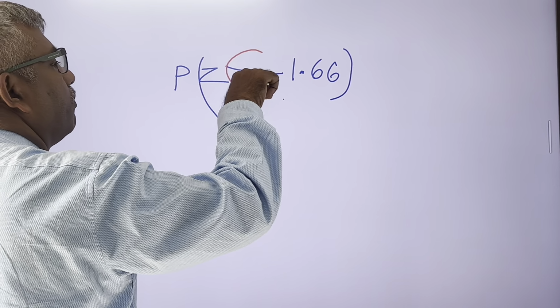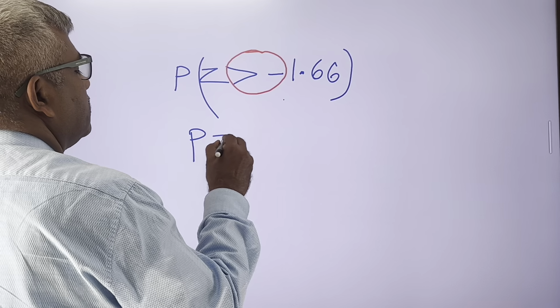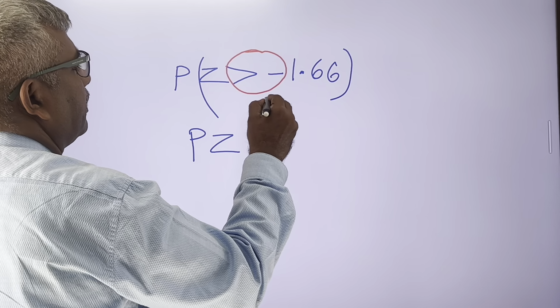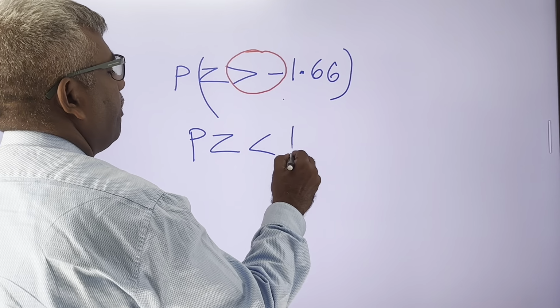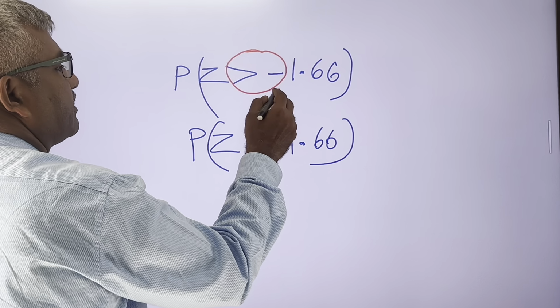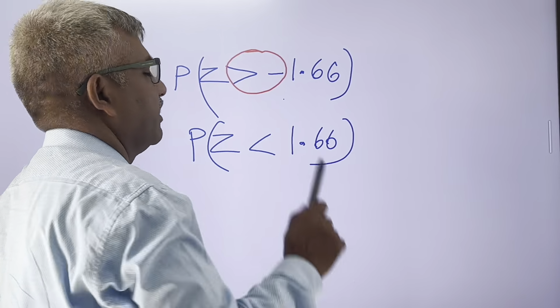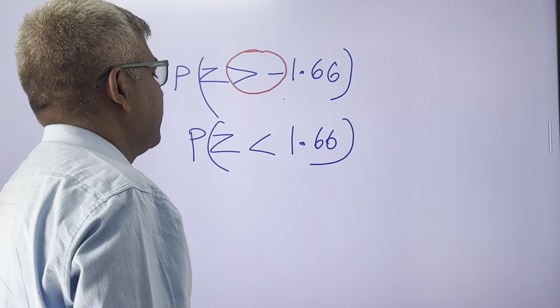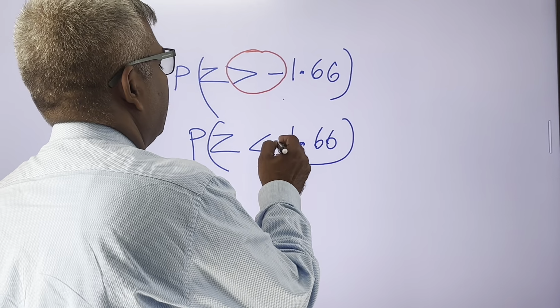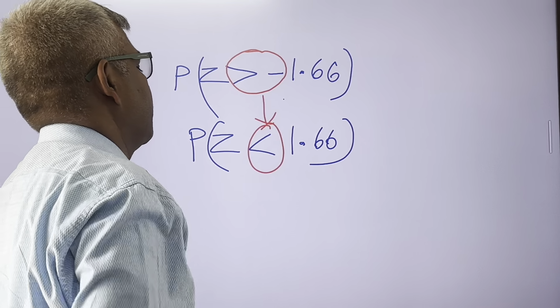So you know that, in this situation, if you flip it, you will get it. If you have a greater than sign and a negative, you change the sign and change the inequality, then this is equal to this one. You know that, you studied it already in IGCSE.